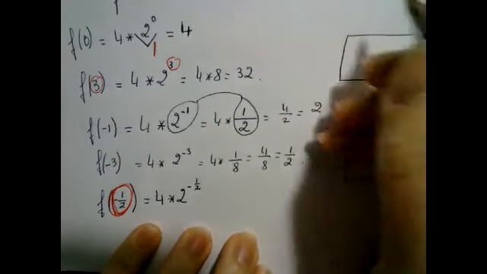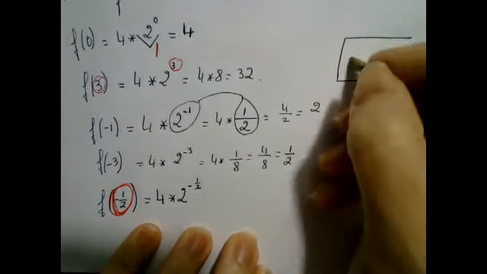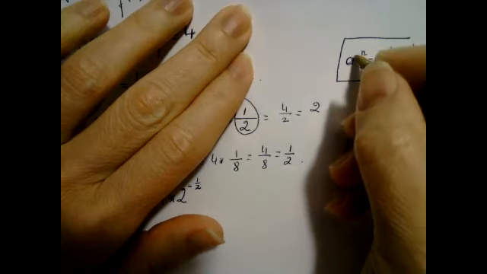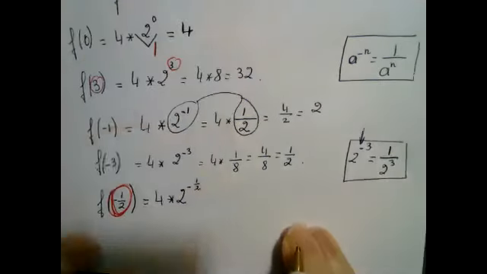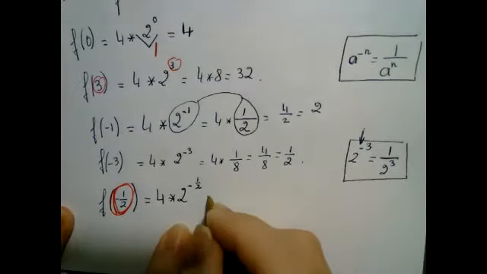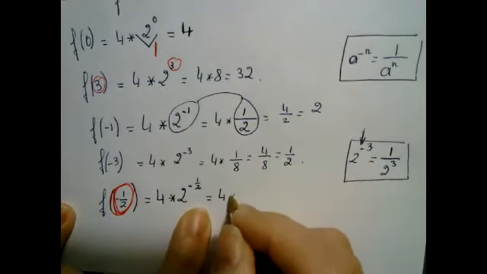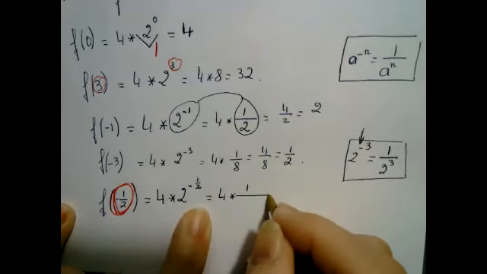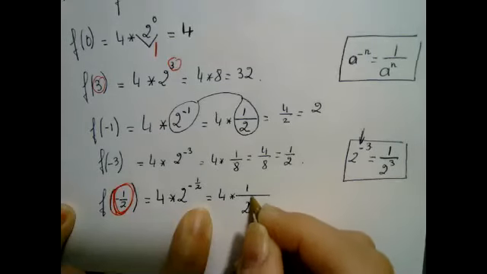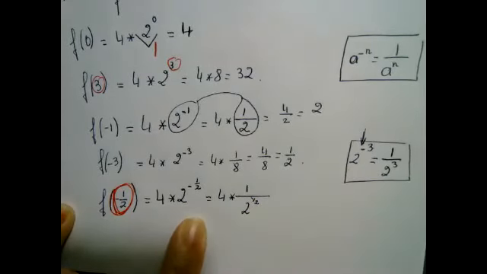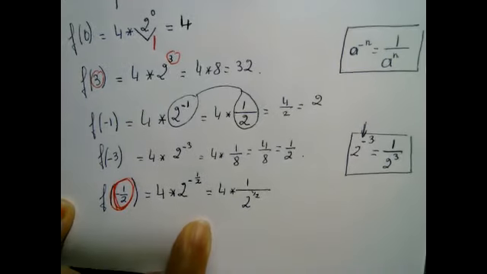what does it mean to raise something to a negative power? It's 1 over a to the n, whatever this is minus n will become a to the n. So this is 4 times 1 over 2 to the power a half. Okay, so we have to be very careful.